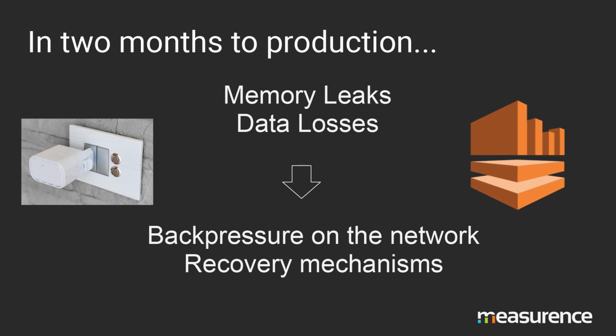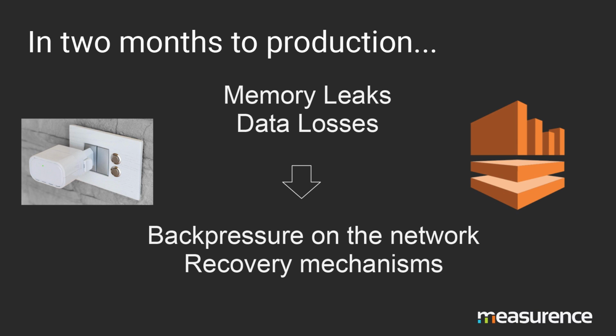The very first implementation of this system was subject to memory leaks and data losses. But we've also seen that thanks to Akka Streams, we've been able to implement back pressure on the network, in particular thanks to its push-pull mechanism and thanks to custom stages.